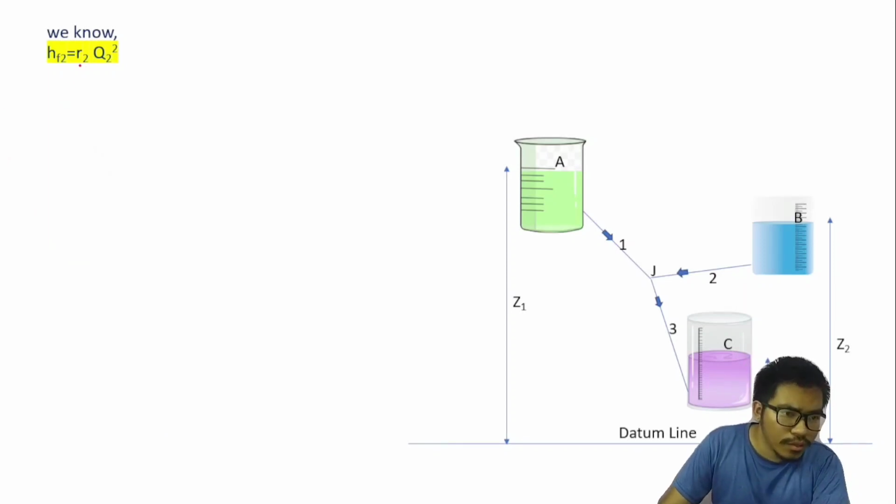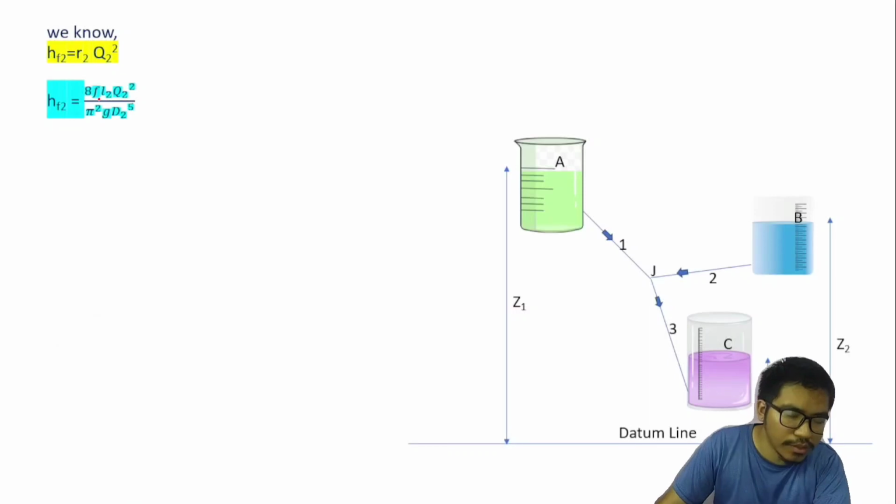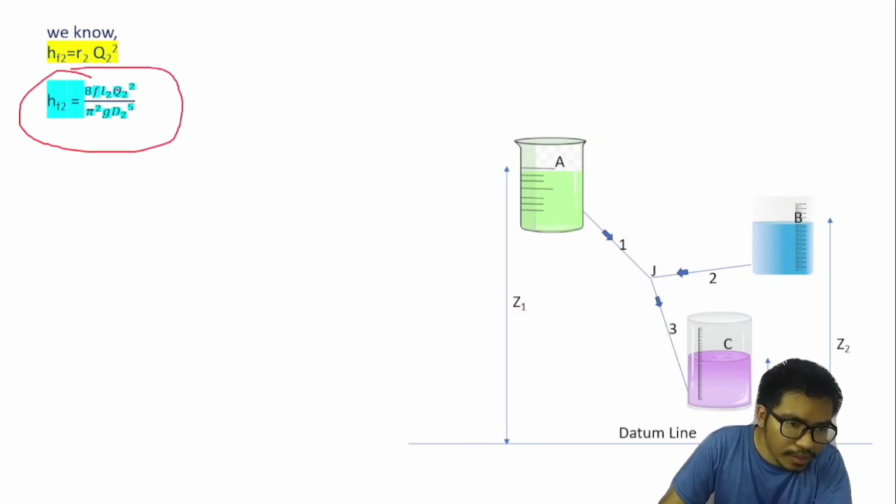We know hf is equal to R Q square because we have already derived this formula. In this formula, for pipe 2, everything is constant. f is constant, length is constant, g is constant, pi is constant, diameter is constant.